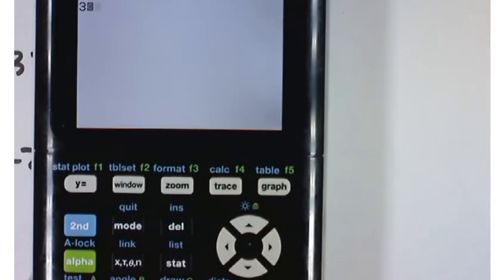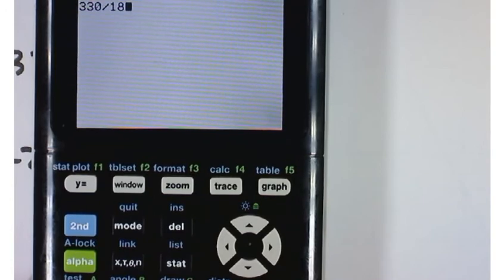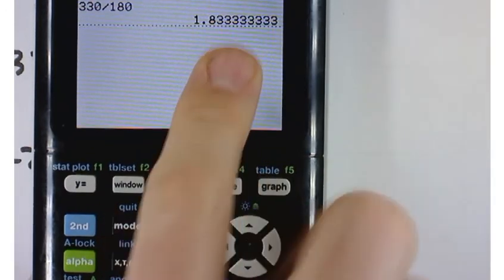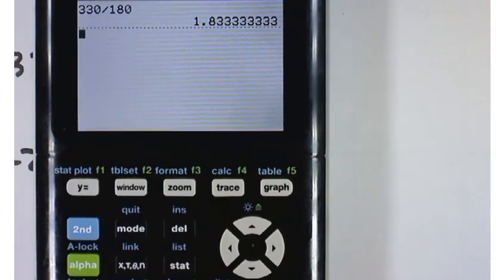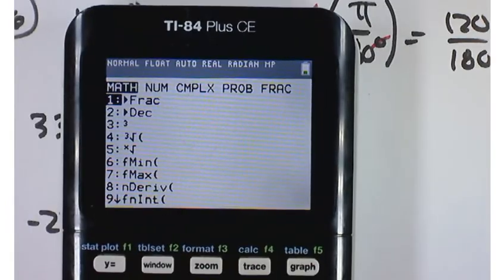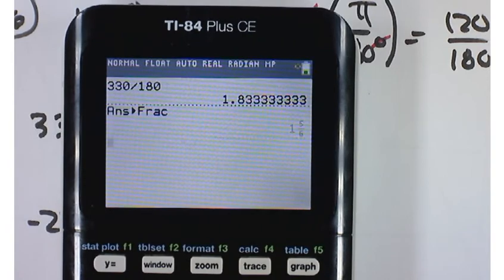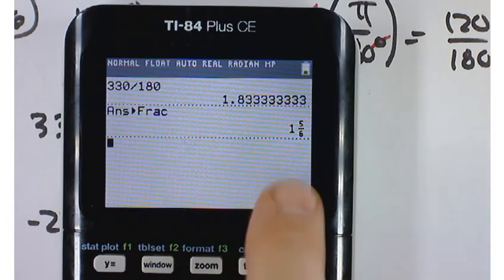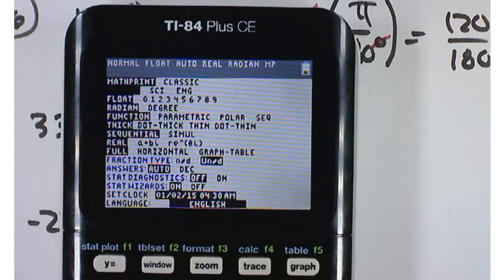Type in 330 divided by 180, and you get a decimal value. But then you hit the math key. What's magic down at the math key? Answer to fraction. You press enter twice, and bam, you get a nice fraction. Actually, mine turned it into a mixed number. The mode is probably reset a little bit differently.